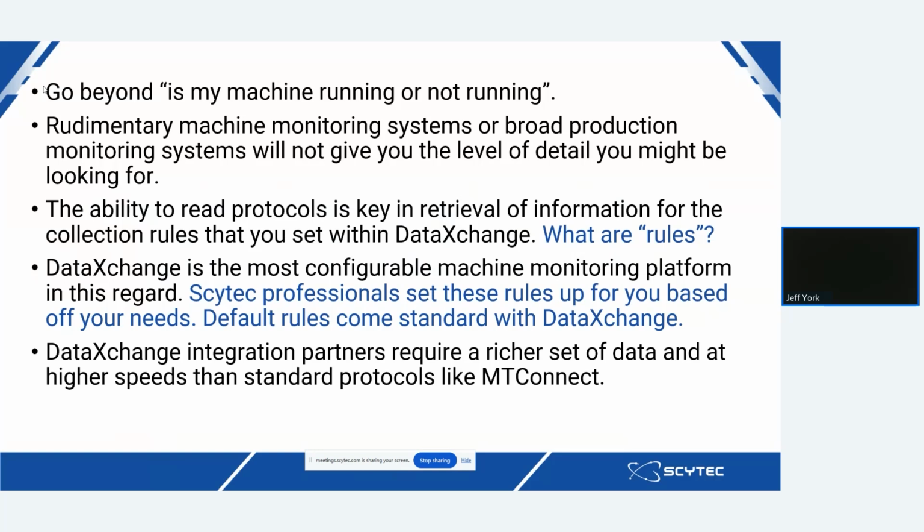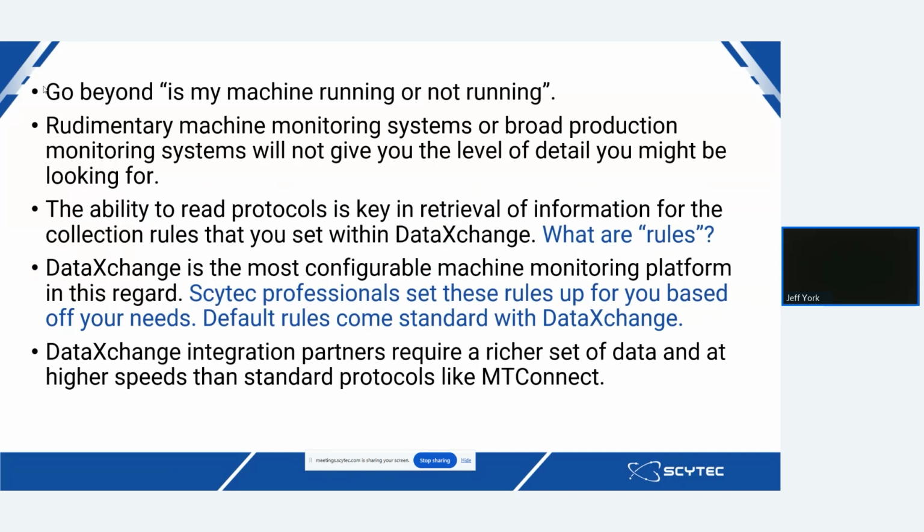The ability to read protocols is key in retrieving information for the collection of rules that you set within DataXchange. For those of you that are unaware, these rules are what we internally call expressions, and they are an endlessly configurable feature inside of Scytec DataXchange that make it a standout machine monitoring platform.